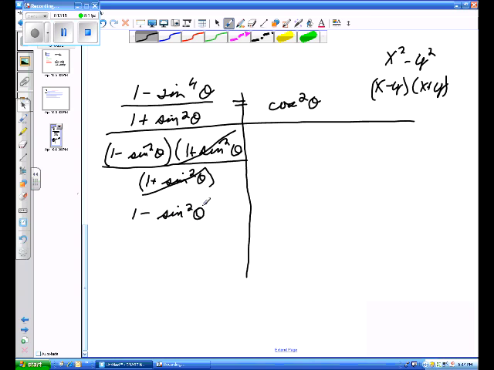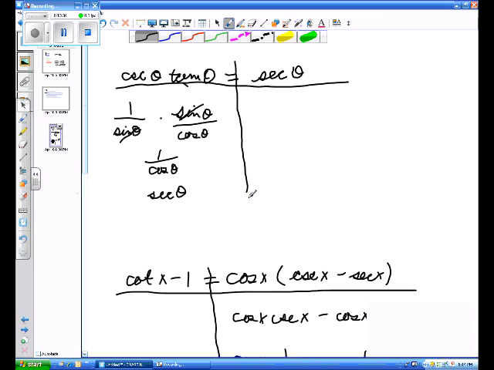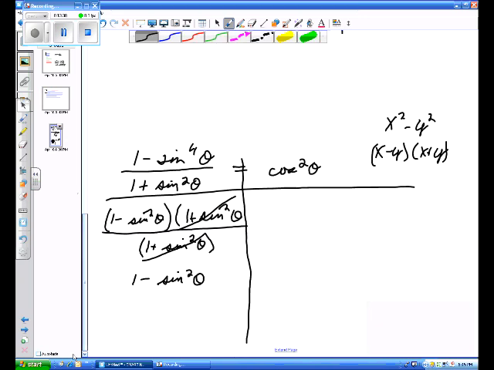And if you remember from our basic identities, we had that sine squared plus cosine squared equaled 1. And remember, we said 1 minus cosine squared was sine squared. And so we can replace the 1 minus sine squared with cosine squared.